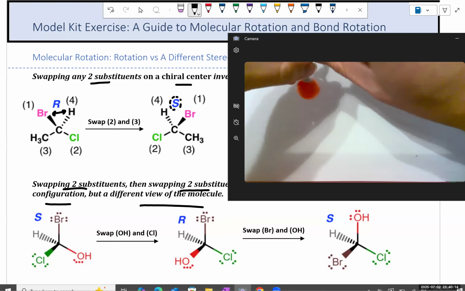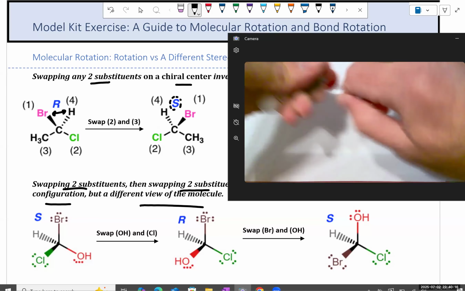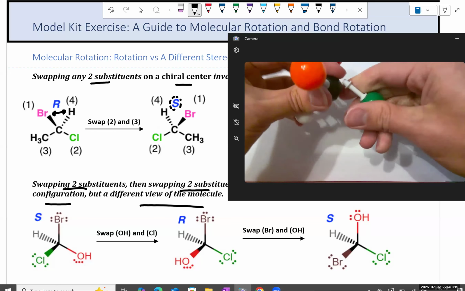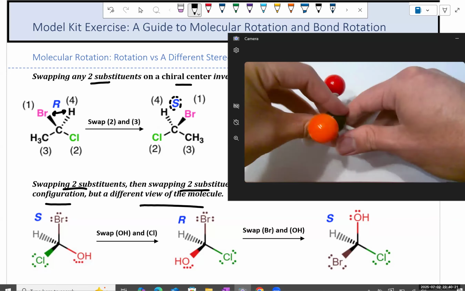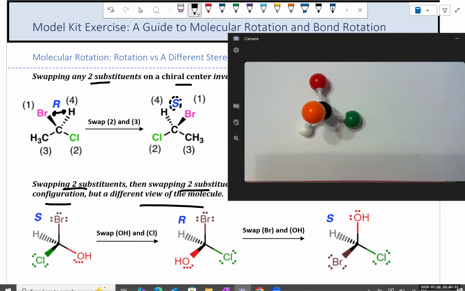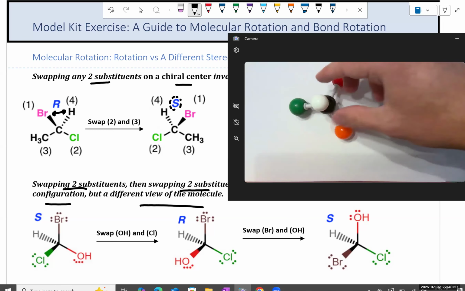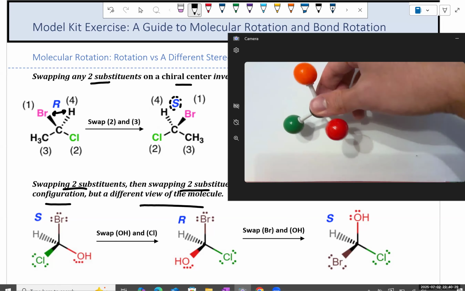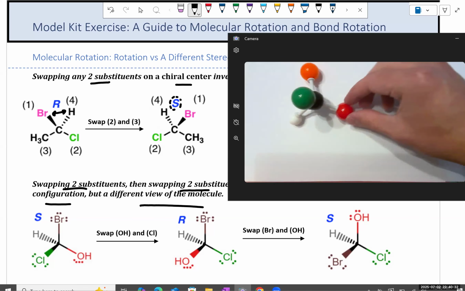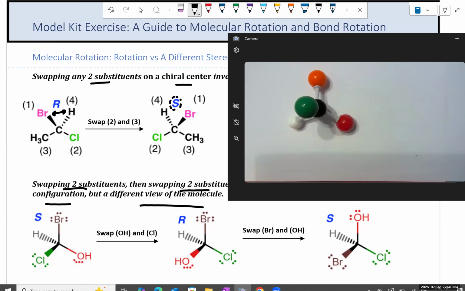If I swap my atoms once again, I've in turn achieved the same result that we achieved via rotation. Just to prove that, here is the original result. So as you can see, if you swap two bonds and then swap two bonds again, that achieves the same result as rotation of your molecule.